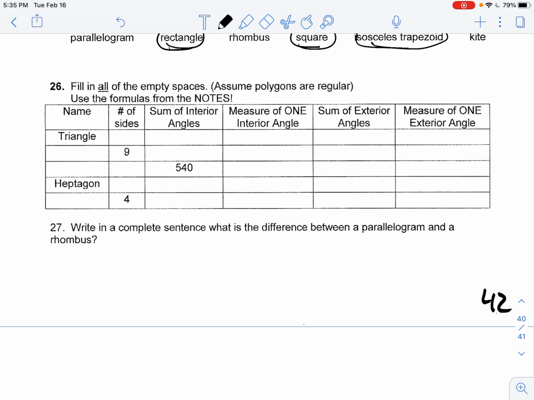In 26, fill in all the empty spaces. Assume polygons are regular. Use the formulas from the notes. Okay, so a figure with 9 sides, that's a nonagon. A heptagon has 7 sides. Of course, 4 sides is a quadrilateral.